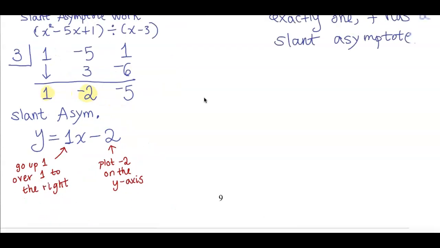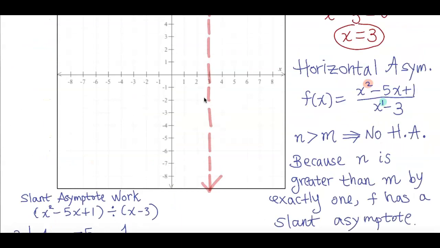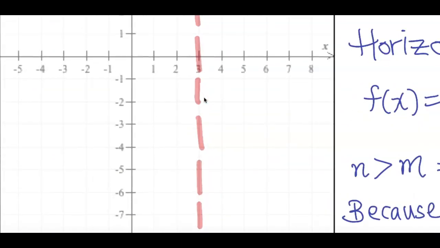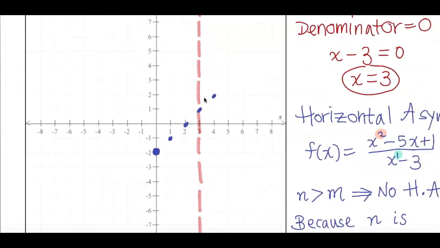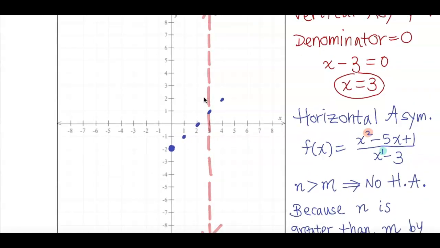So let me do what I just said. Down here, I will plot a -2. And I will go up 1 over 1, up 1 over 1, up 1 over 1, up 1 over 1. You can keep on going, but that's probably enough for me to see a pattern. So I'll go ahead and draw a dotted line, a slant asymptote.